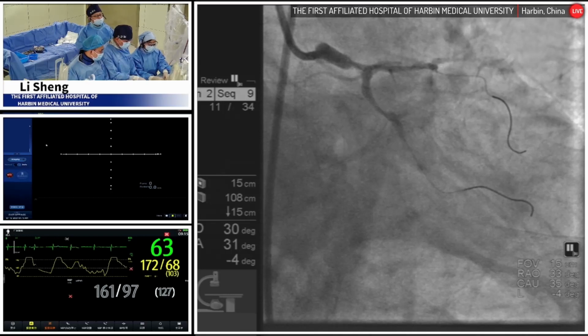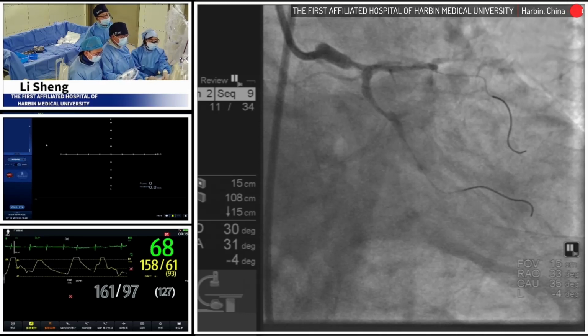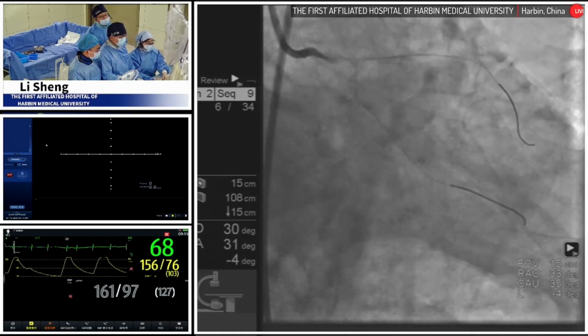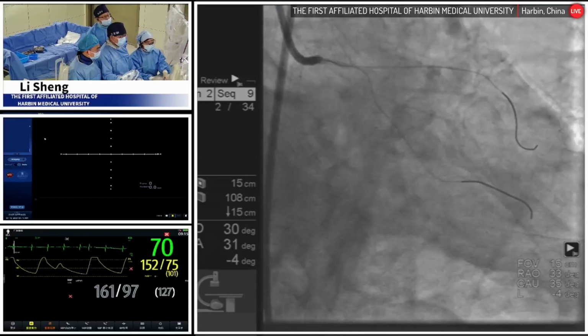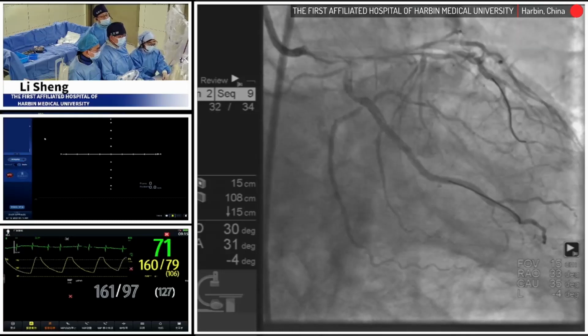Compared with IVUS, OCT will provide high resolution images, so we can use it to assess the artery size and plaque characteristics.